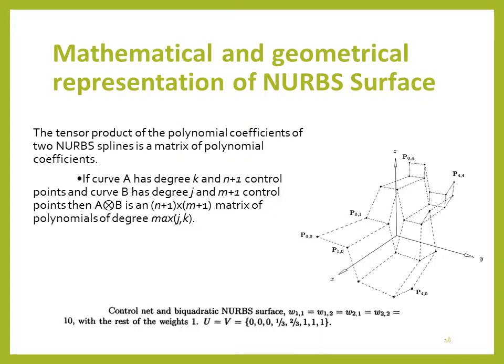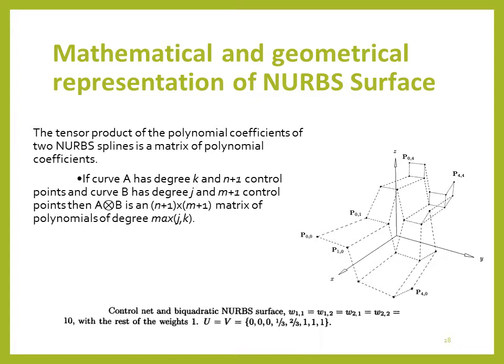Yeah, so coming on to mathematical and geometrical representation of NURBS surface. Here what you see in the figure is the control net of a NURBS surface, right? So what is the mathematical representation of a NURBS surface? The mathematical representation would be the tensor product of the polynomial coefficients of two NURBS splines, right?